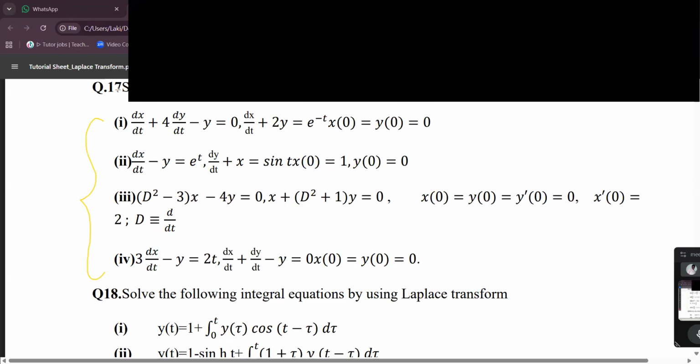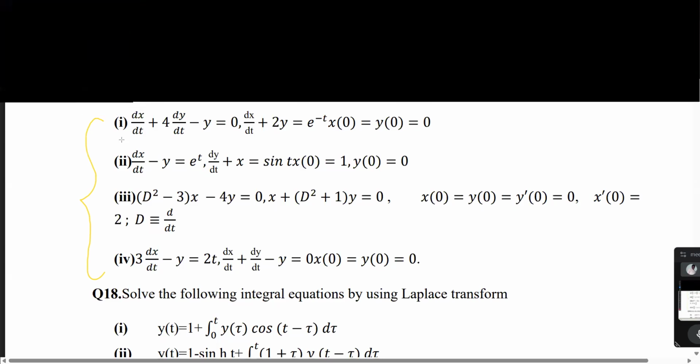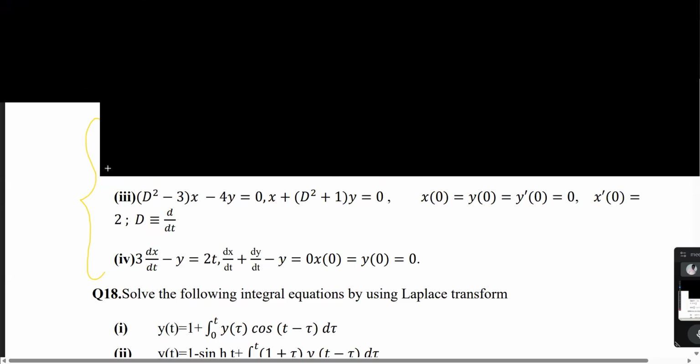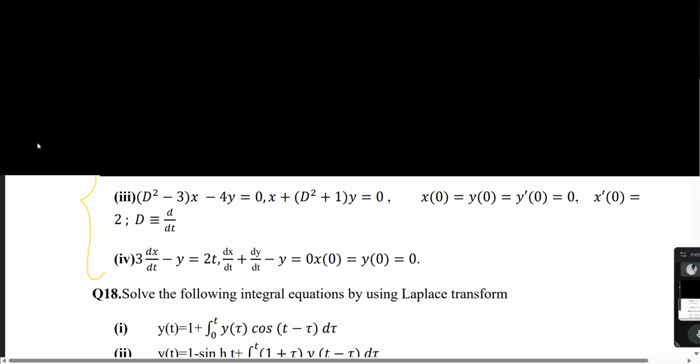Third one, okay. D square minus 3x, okay, x plus.